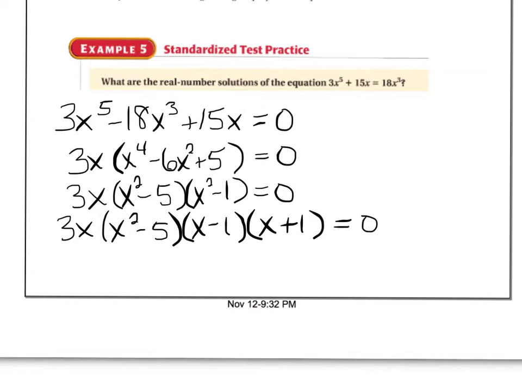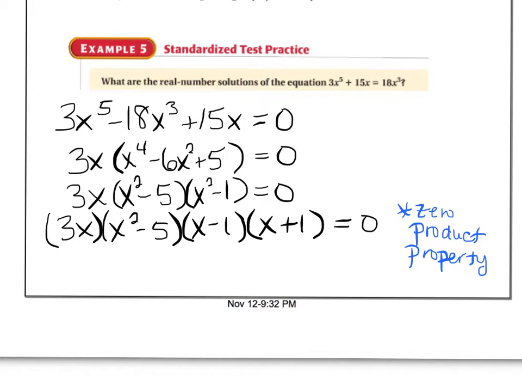Now that we are factored completely, we need to recall the zero product property. Remember, that says if you have things being multiplied together and you end up with an answer of 0, that one of them had to be 0, or all of them.